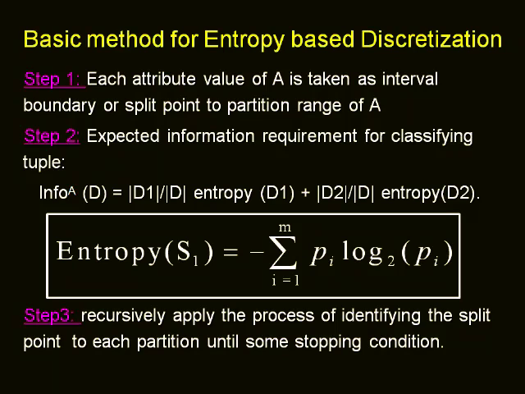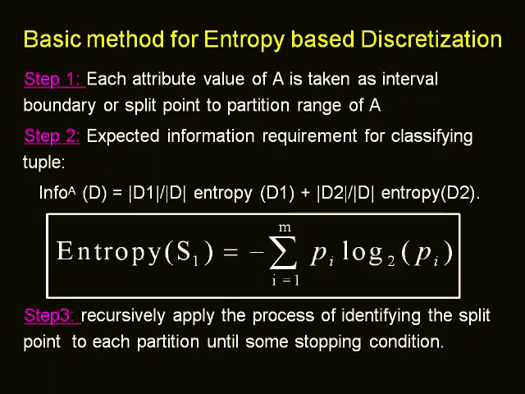Therefore, when selecting a split point for attribute A, we are interested in picking the attribute value that gives the minimum expected information requirement. So, this tells us the minimum amount of expected information needed to perfectly classify the tuples after partitioning by A less than or equal to the split point and A more than the split point.